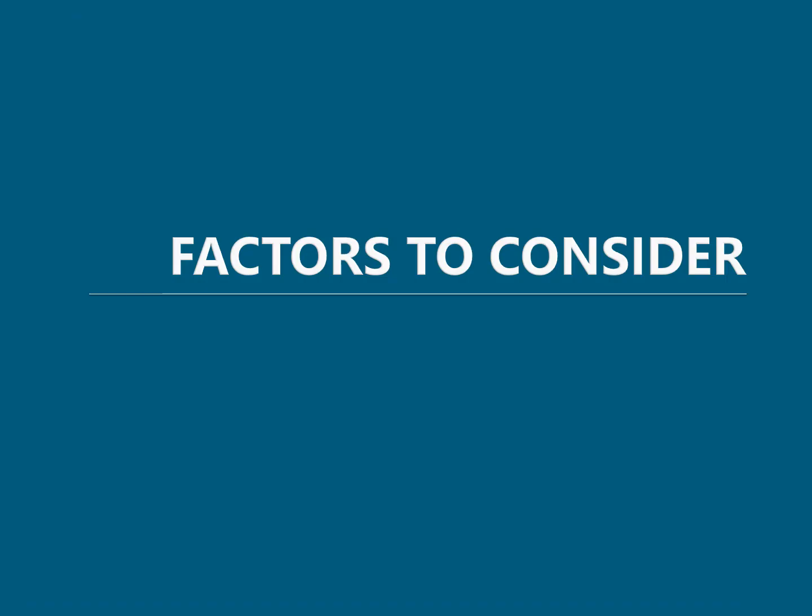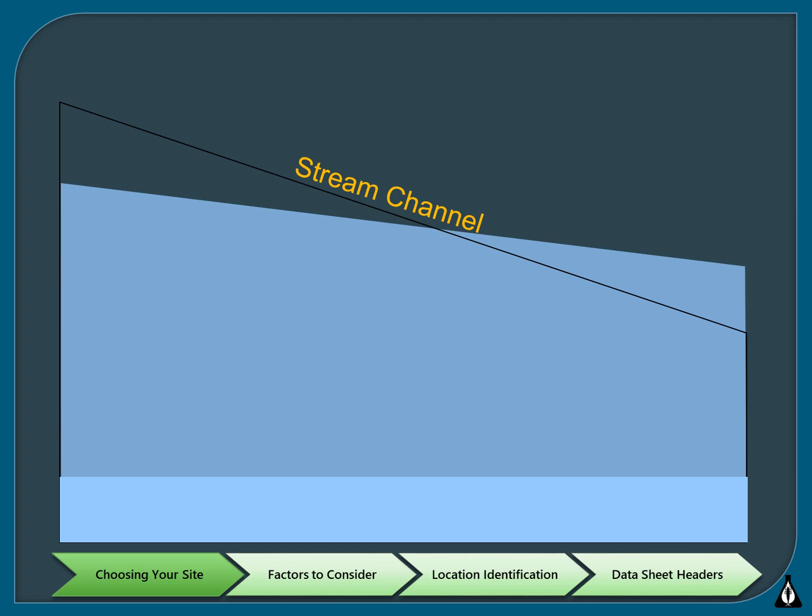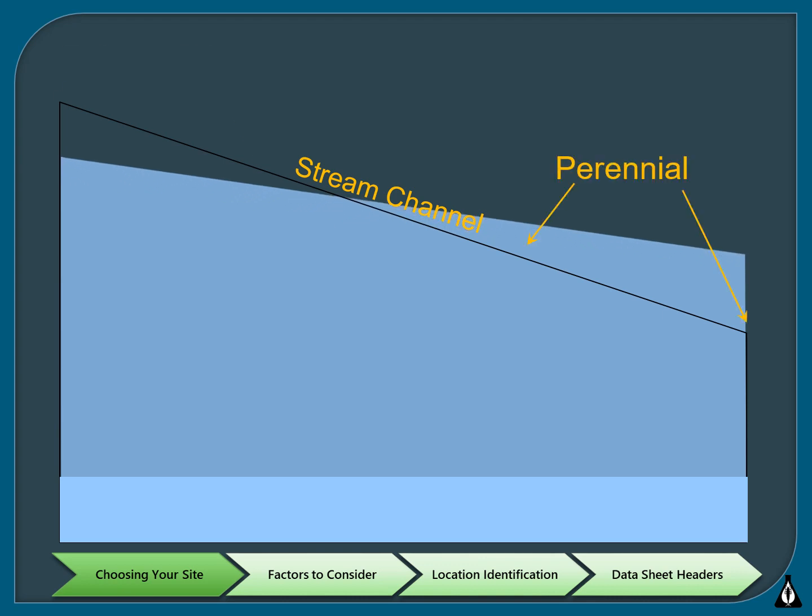Now we're going to talk about some requirements or factors to consider when selecting a monitoring site. When it comes to monitoring a stream, it is important to consider what type of stream system you have. We categorize streams into 3 different categories: perennial, ephemeral, and intermittent streams.